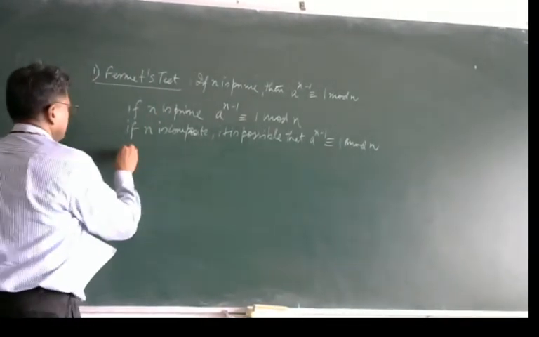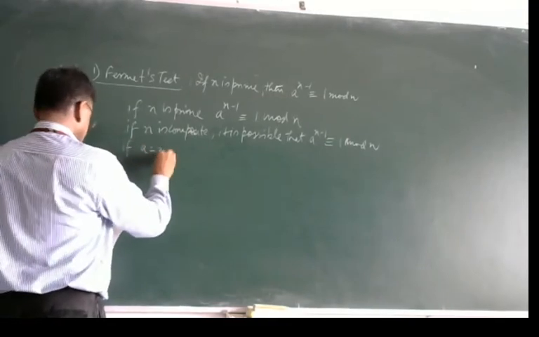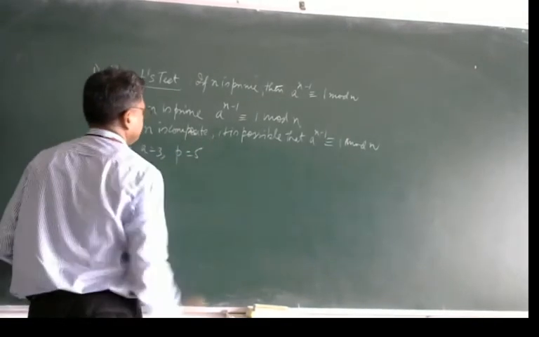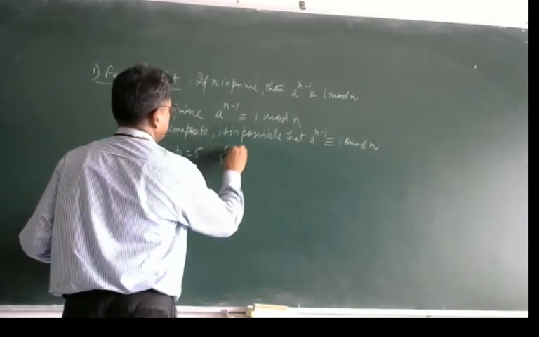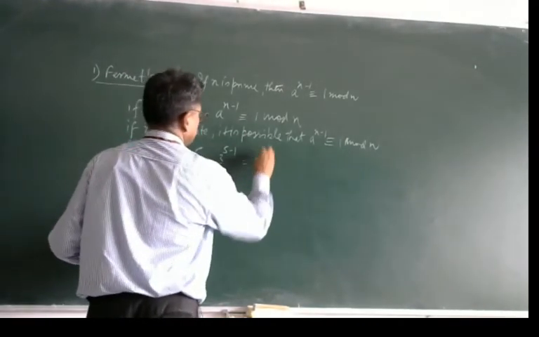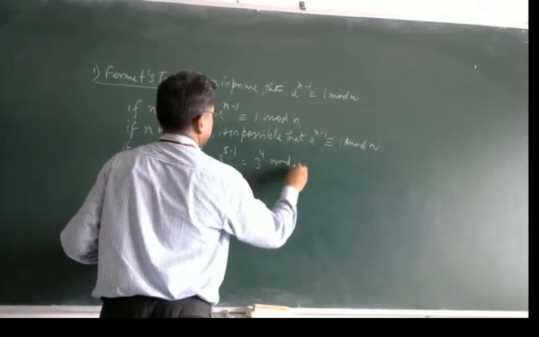For example, if a is equal to 3 and suppose p is equal to 5, then 3 to the power 5 minus 1 will be equal to 3 to the power 4 mod 5.